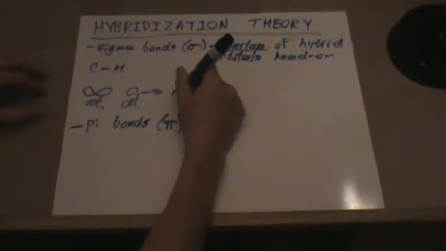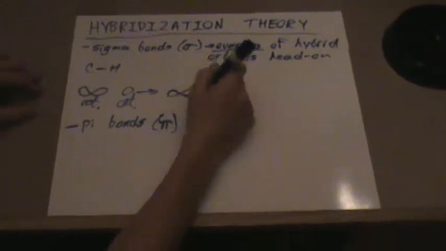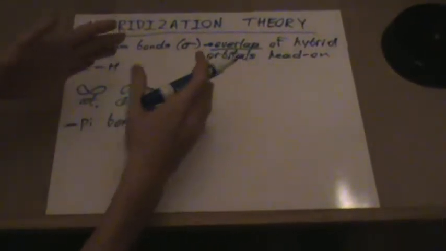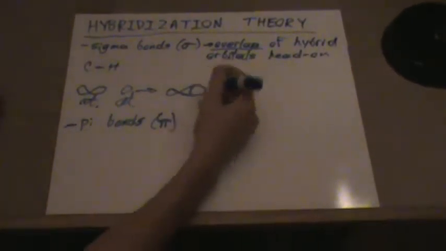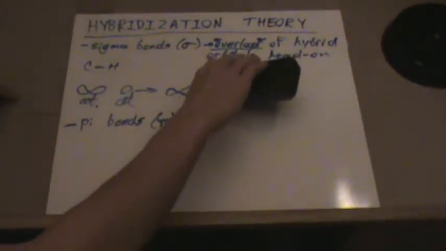It's much bigger than the other side, because this is the representation of this s orbital, this sort of circular shape being added to this sort of dumbbell shape, and then we have this resultant molecular orbital of this shape. That's how you want to think about it in terms of overlapping. Such an important word right there. Okay, and so that is the idea of overlapping, and that CH bond is indeed a sigma bond.